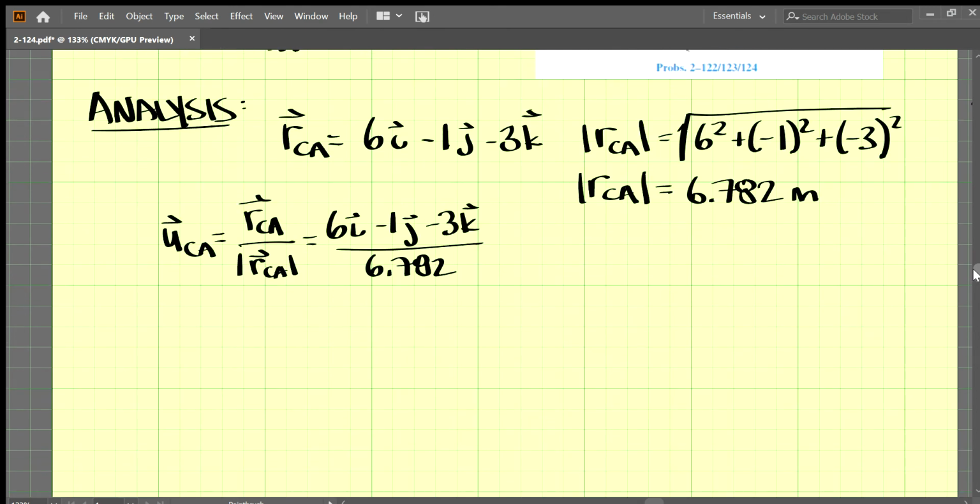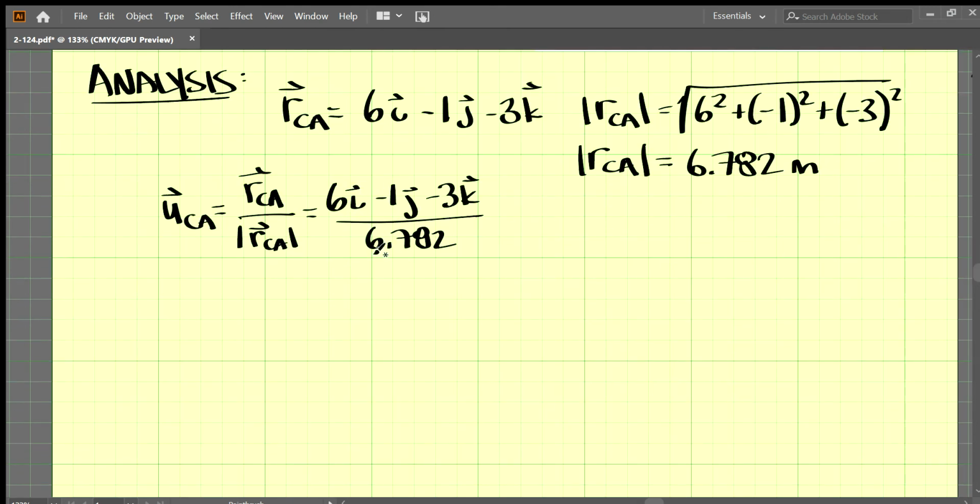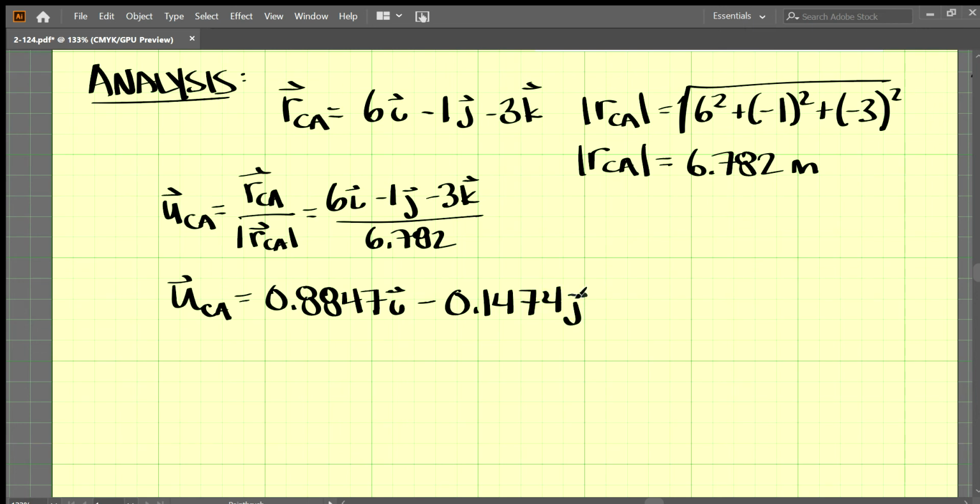We take each of those components and divide it by this magnitude, and that results in a unit vector of 0.8847I minus 0.1474J minus 0.4423K.